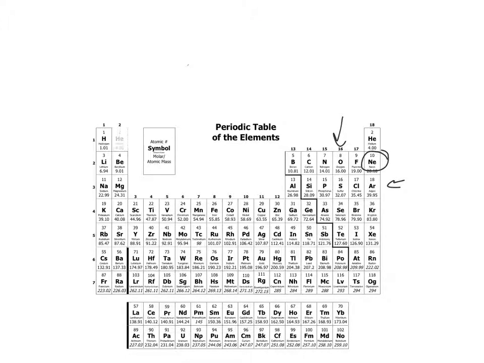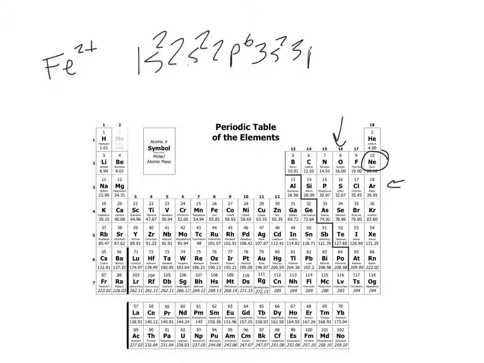Now there are some strange exceptions that come up for the positive ions. So for example, if I write iron 2+, and first I write the electron configuration for just plain iron, 1s2, 2s2, 2p6, 3s2. So this is the electron configuration for iron normally. We're removing 2 of the outer electrons.